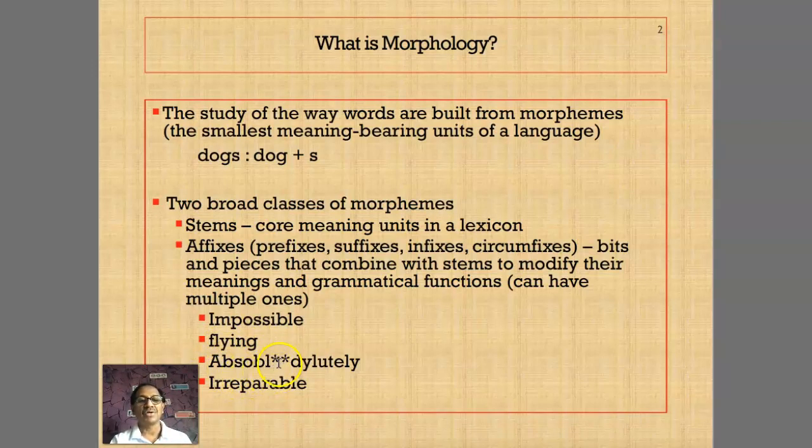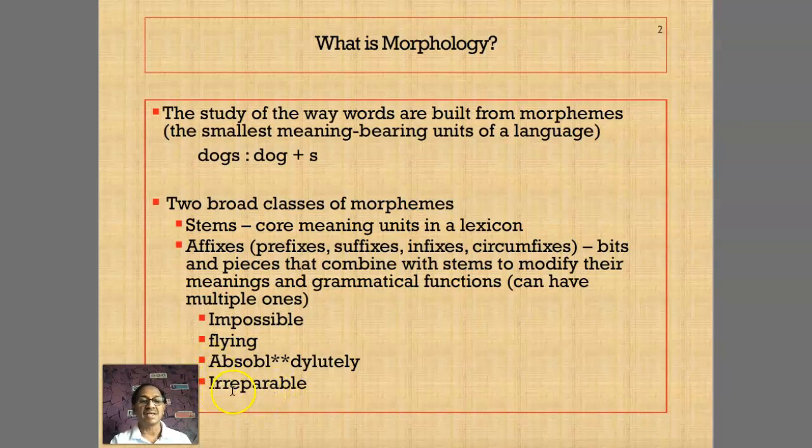Similarly, you have a word like abs. So, can you guess these 2 stars? O and O. So, absolutely, where you have the word split. Absolutely is split and a new morpheme is added, bloody. Right? So, you have another word, irreparable. You have 3 affixes here.